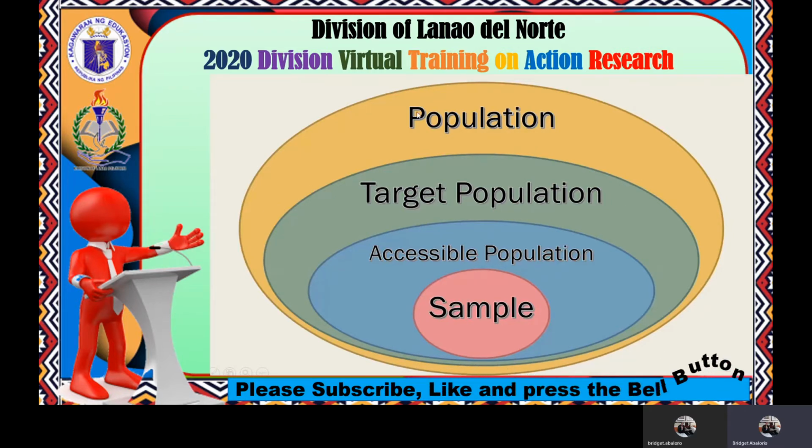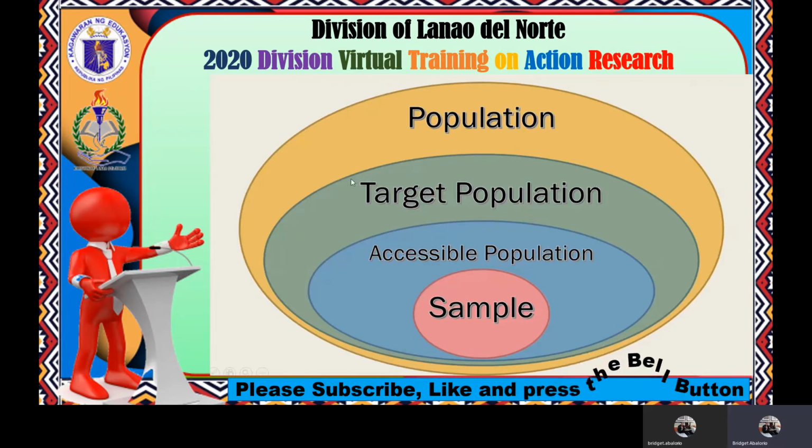For example, since we are teachers or educators, our population is the learners of the Department of Education. When we talk about target population, what particular kind of learners we are going to apply our action research to?